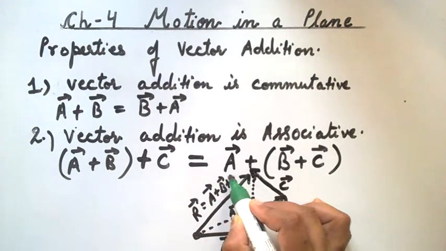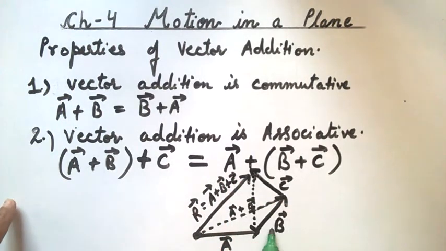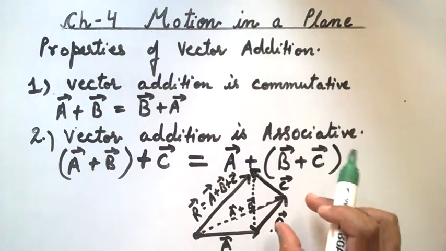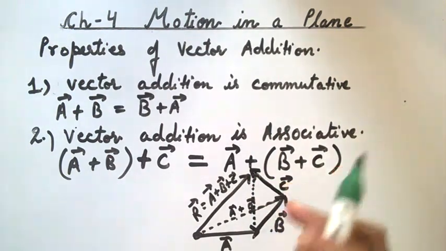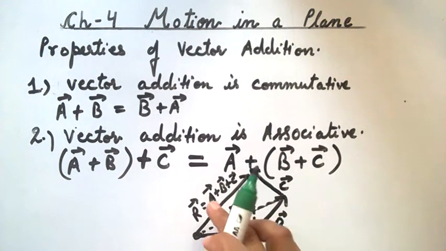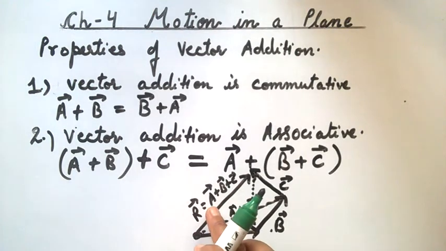So now let's see. A plus B gives the resultant A vector plus B vector. Then we add C. This is equal to this. Similarly, if we add B plus C and then add A vector to it, it also gives the resultant A vector plus B vector plus C vector. So it is also true.